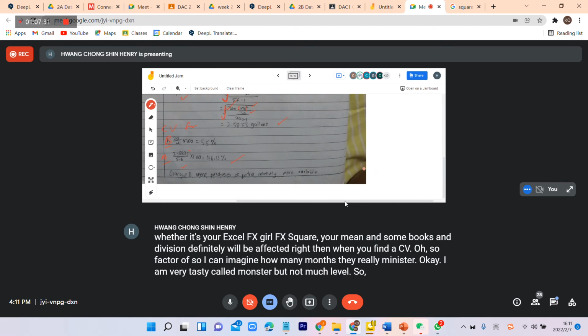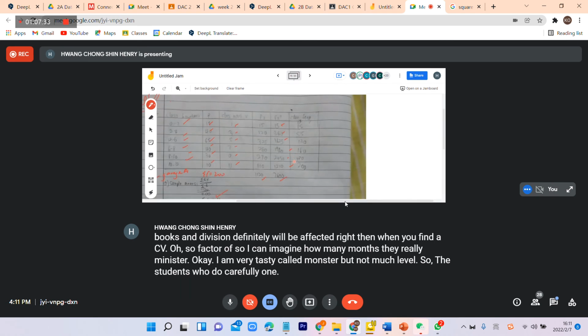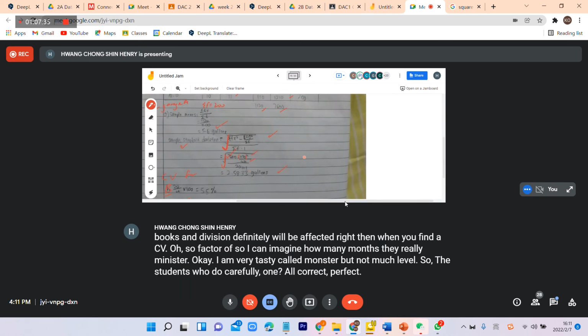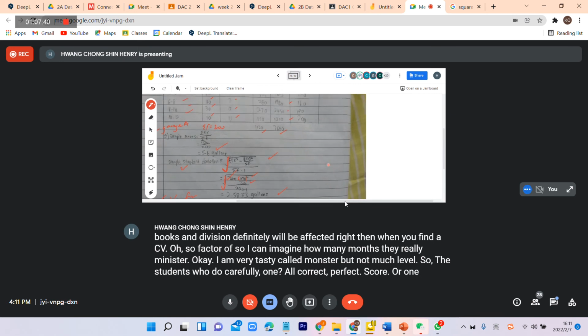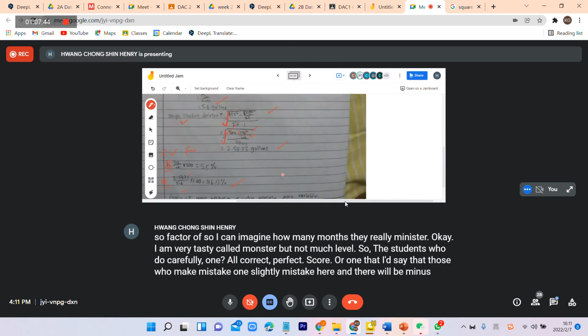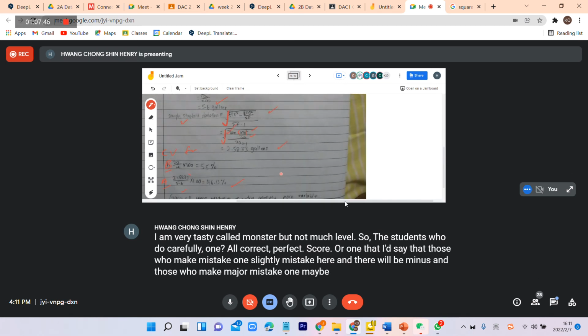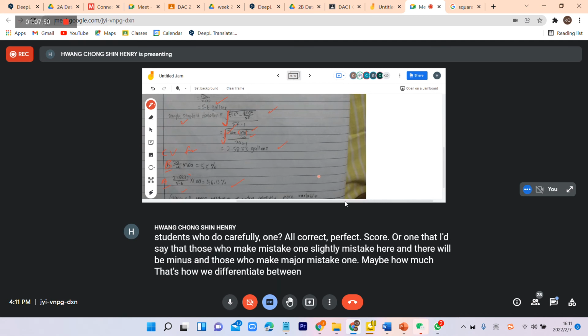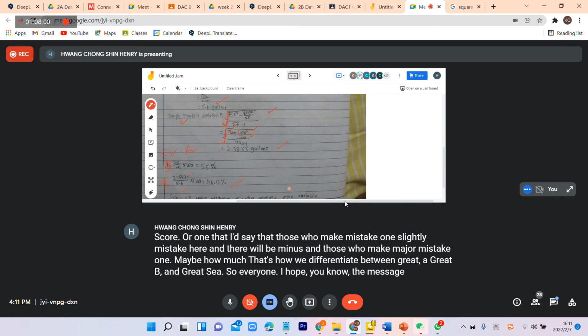The student who does it carefully, all correct, gets a perfect score. Those who make slight mistakes here and there will have marks deducted, and those who make major mistakes will lose more marks. That's how we differentiate between grade A, grade B, and grade C. Everyone, I hope you know the message is there.